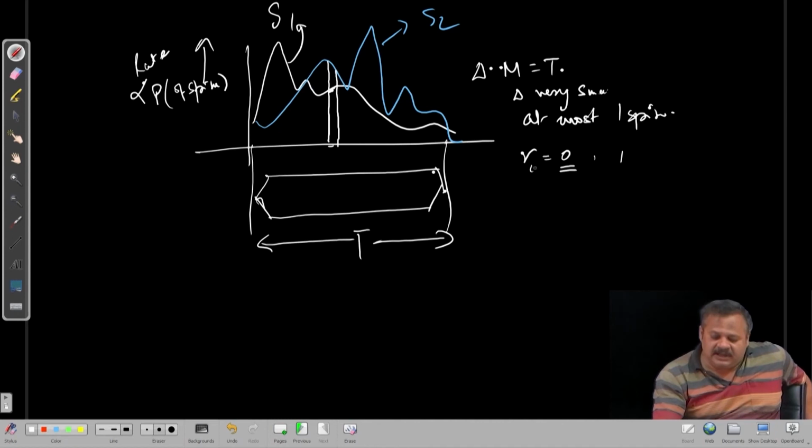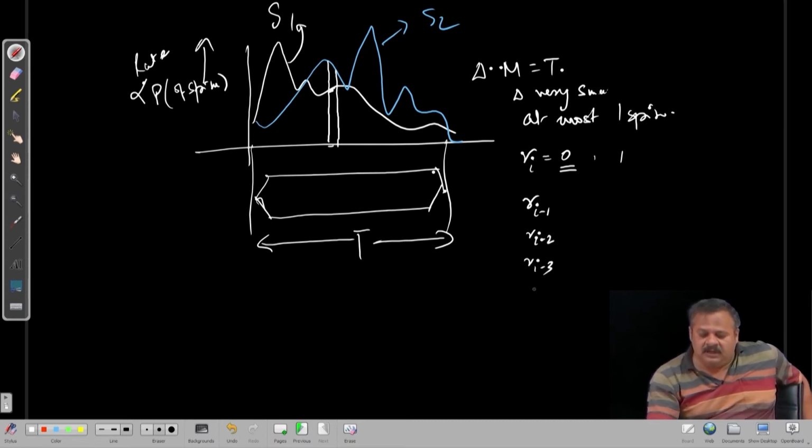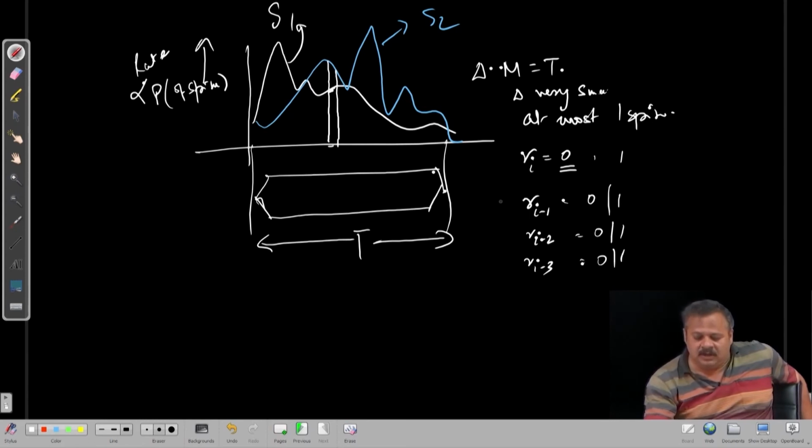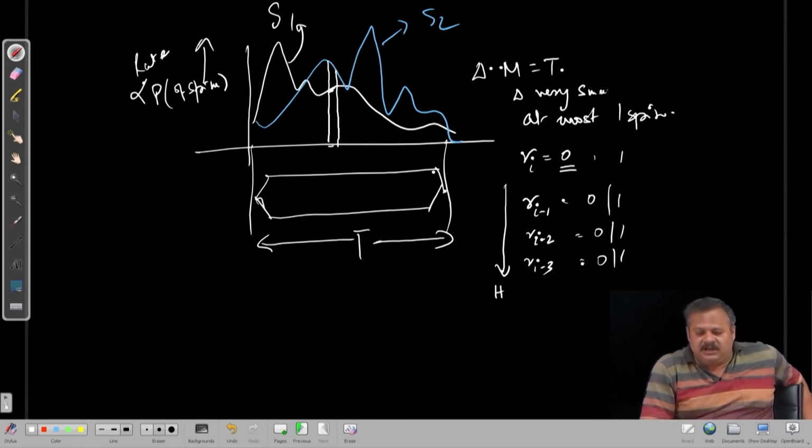So, if this is the ith bin, the actual values taken in r_{i-1}, r_{i-2}, r_{i-3}, whether it was 0 or 1, up to some history number of bins, let us say H bins, capital H bins.